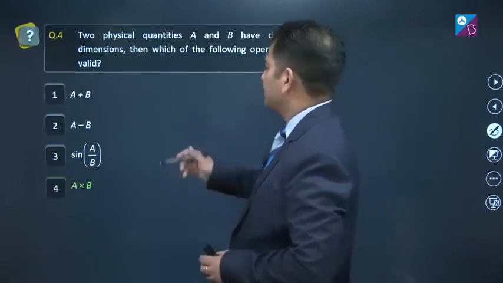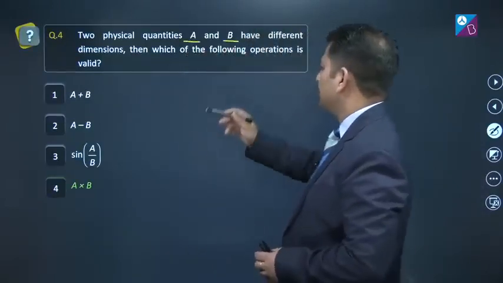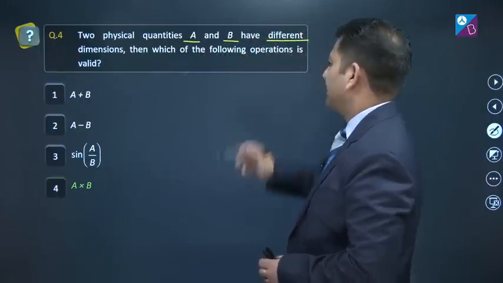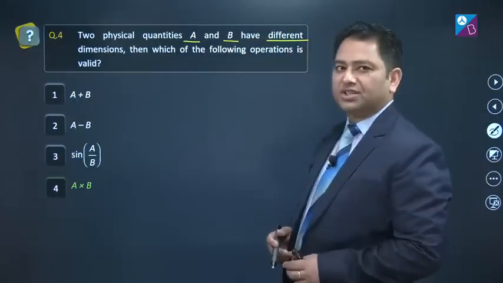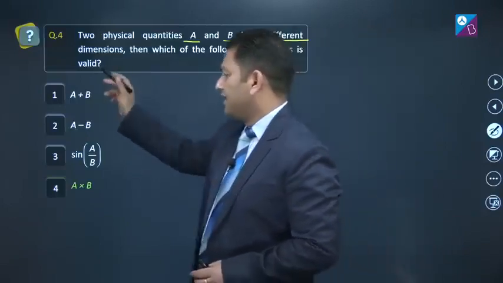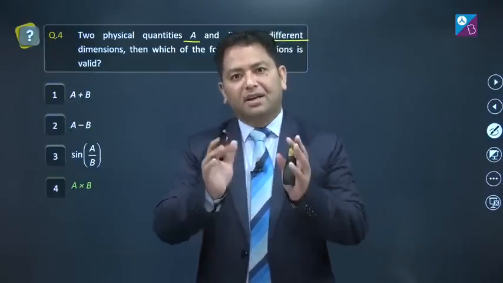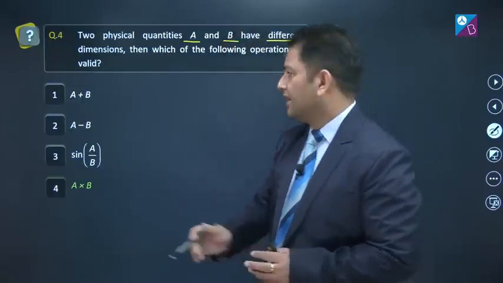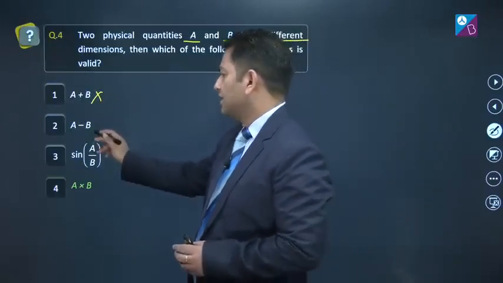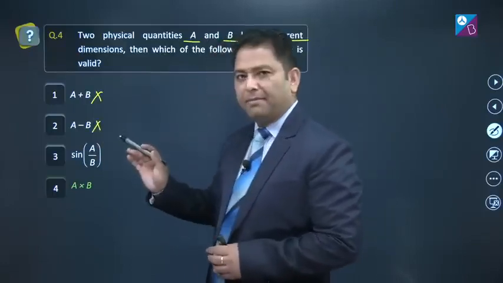Question number 4 says, there are two quantities A and B और इन quantities का dimension different है, अलग है. Now, the question says, among these, which of the following operation is valid? All of you know, if the quantity have different dimension, then addition is not allowed, subtraction is not allowed. Now, this is a bit tricky.